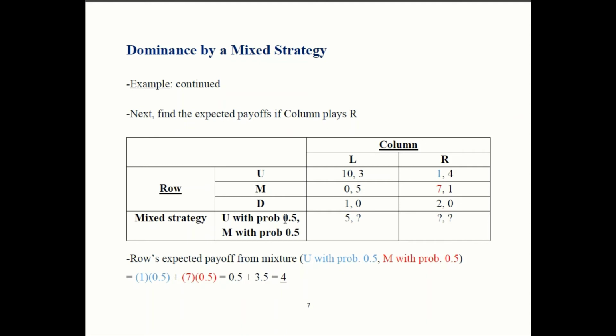So half the time we're playing up. If we're playing up and they're playing right, we're getting a payoff of 1. So you get 1 with probability 0.5. The other possibility is that we play middle, because we play middle half the time. When we play middle against right, our payoff is going to be 7. We do that half the time, so we have 0.5 times 7.